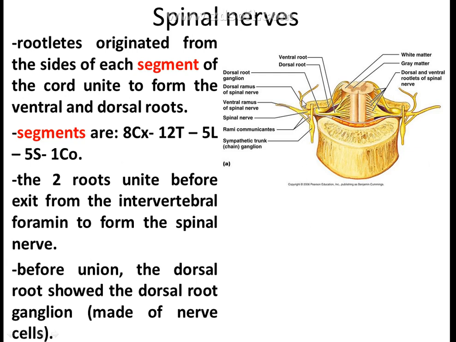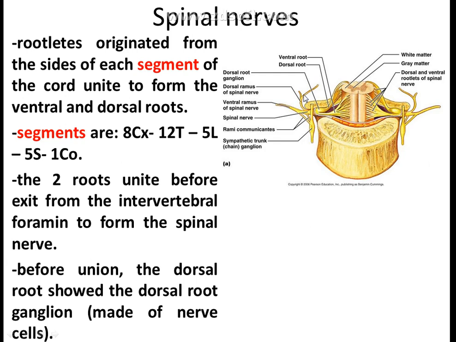The dorsal ramus of a spinal nerve passes backward, and it will supply the skin on the sides of the midline of the back only, and also supply the muscles on the sides of the midline only, and this supply will be segmental. The muscle on the sides of the midline posteriorly is the erector spinae muscles.